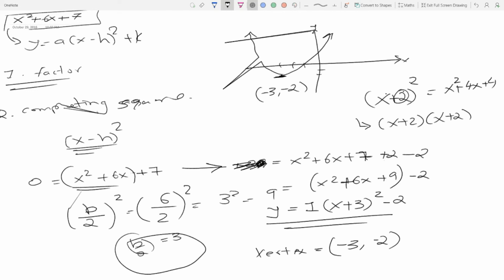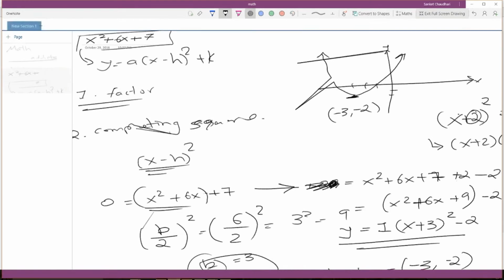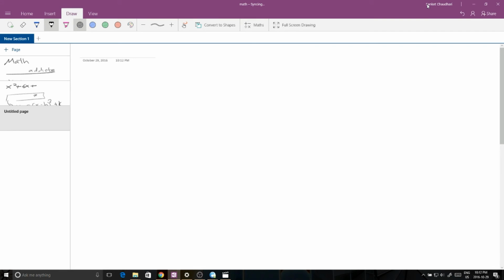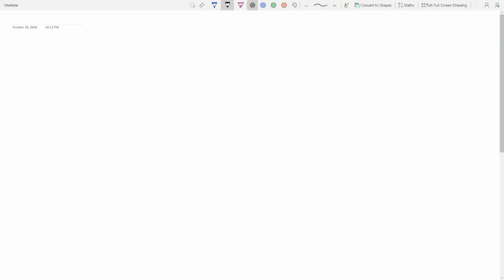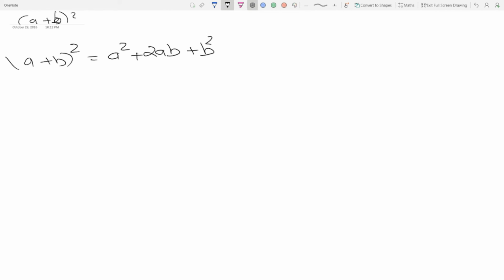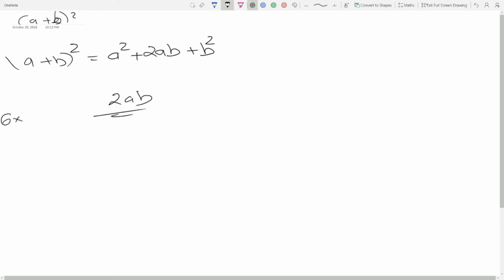If I want to put this in simpler terms, let me add a new page for that. This is the standard form. So in order to expand squares, (a plus b) squared is the same thing as a squared plus 2ab plus b squared, right? In order for us to find b, if we're given 2ab, which in this case was 6x, what we need to do is just divide it by 2a, right?